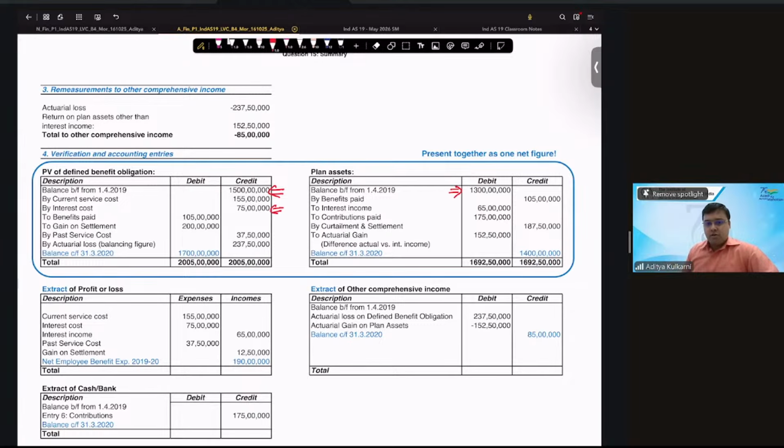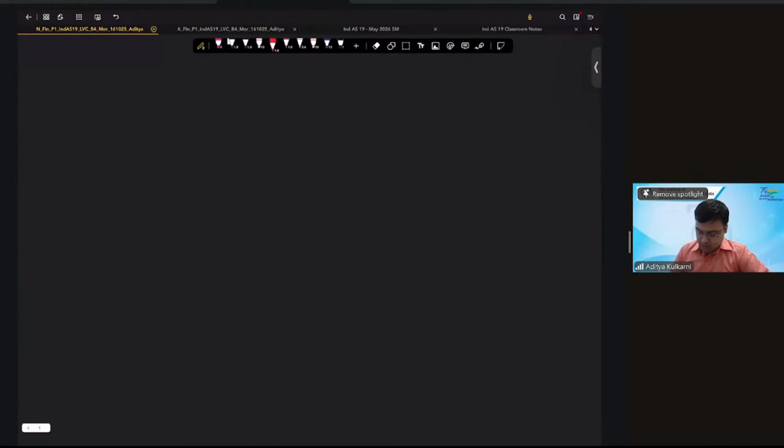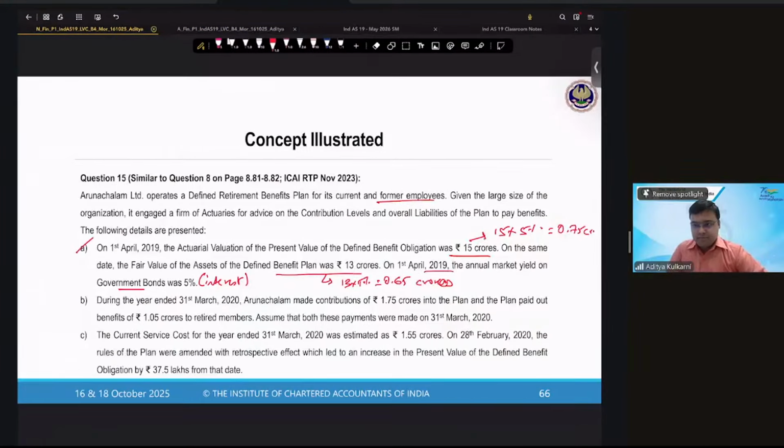It increases your obligation. Whereas interest income is a debit in your assets. It increases the value of the assets. So 75 lakhs and 65 lakhs we have already taken. All right. So this adjustment is done.